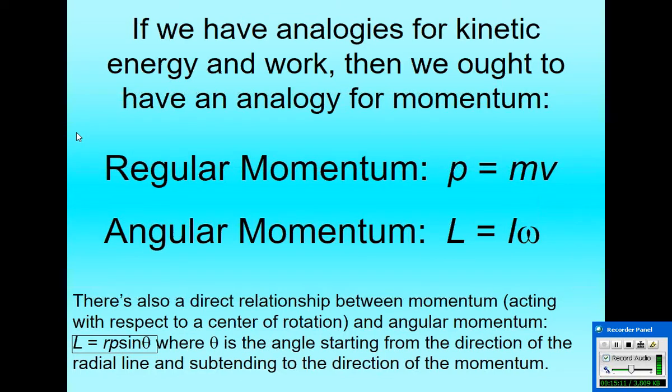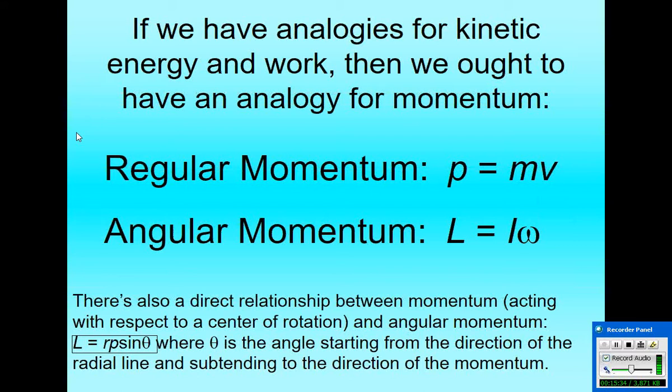The calculation of angular momentum looks like mv except with the angular counterparts. Instead of m, the mass, we have moment of inertia, capital I, and instead of v, the velocity, we have lowercase omega, the angular velocity. I can always calculate L equals I omega.